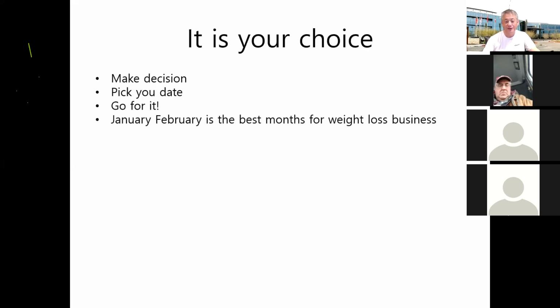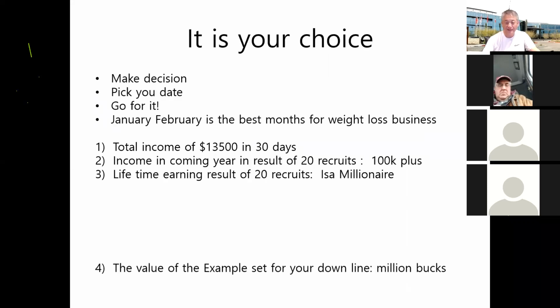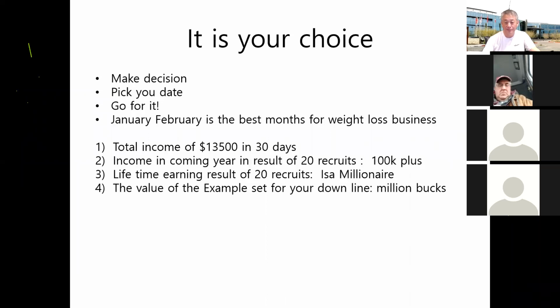All right? So January, February is the best months for weight loss business, as you know. Total income, 13,530 days. Income in coming years, 20 recruits, 100K plus. Lifetime earning, millionaire. Value of example set for your downline, $1 million.